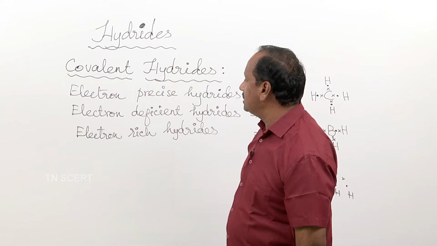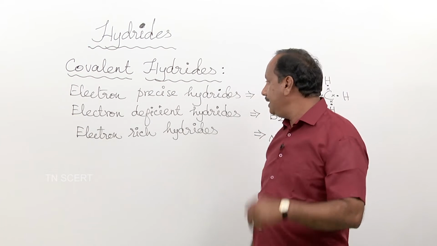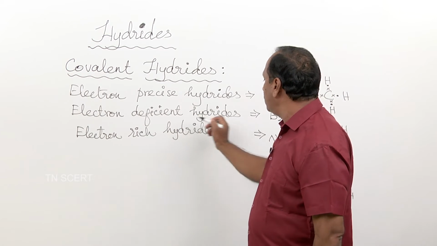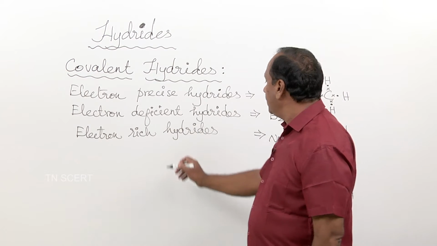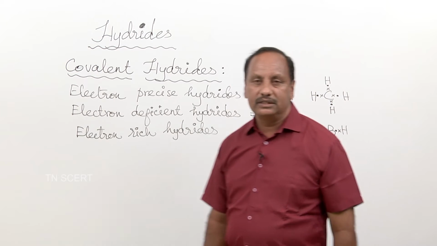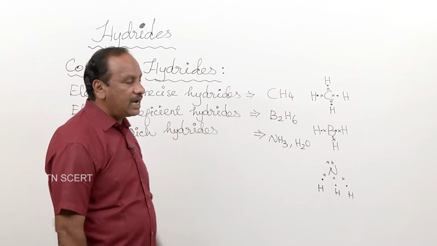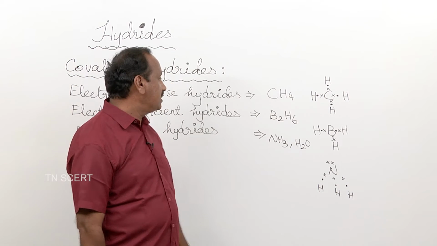The covalent hydrides are classified into three types: electron precise hydrides, electron deficient hydrides, electron rich hydrides. So, we discuss one by one. Electron precise hydrides. What is the example for it?